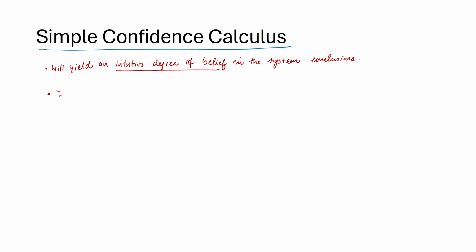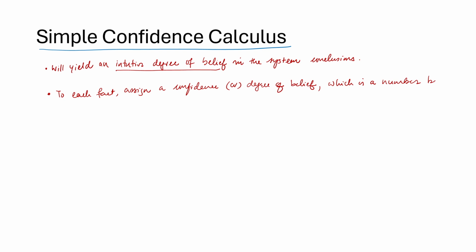Now, to each fact we assign a confidence. We saw this in MYCIN. It is a confidence or degree of belief, which is a number between 0 and 1.